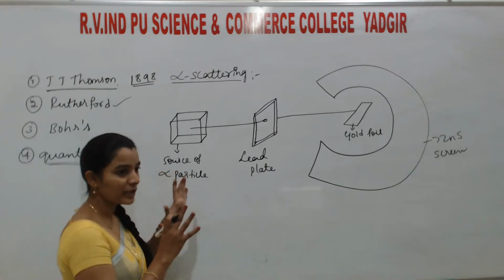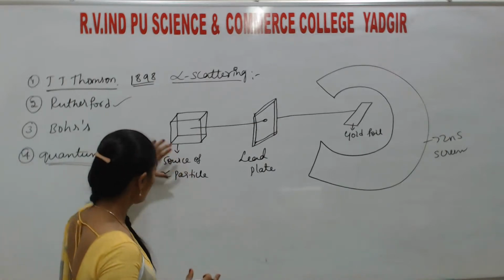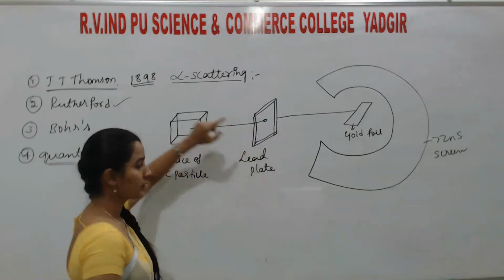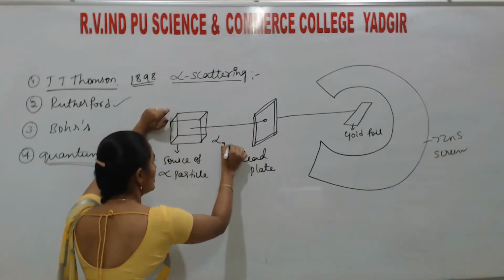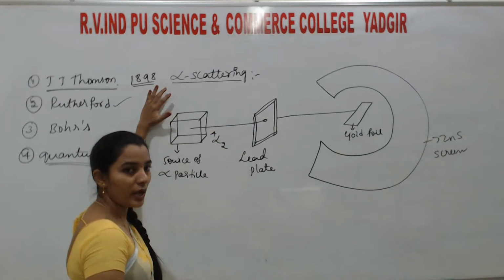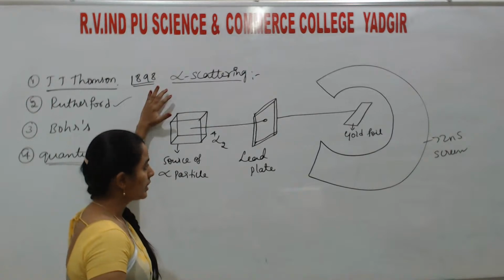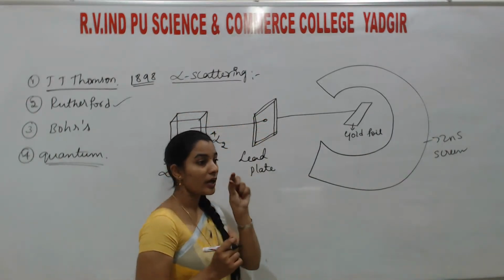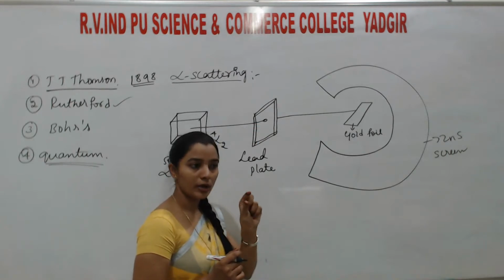So listen, how the experiment takes place. The source of alpha particles emits alpha rays. Alpha means what? He-2-4, or alpha-2-4. When they emit the alpha radiations, they pass through the hole because we want a sharp beam of alpha particles.